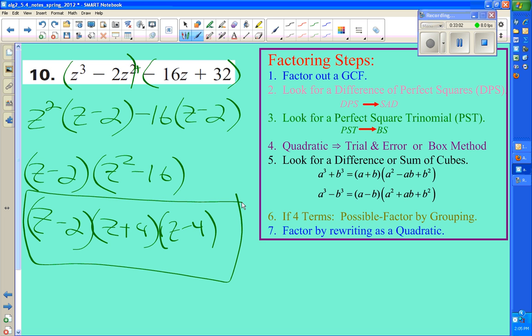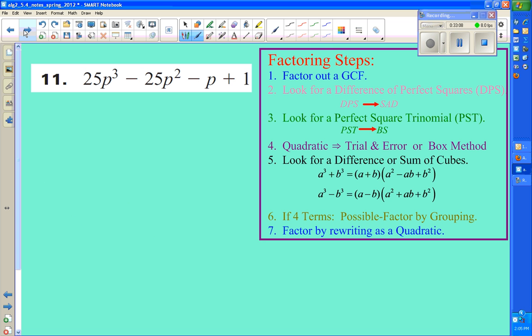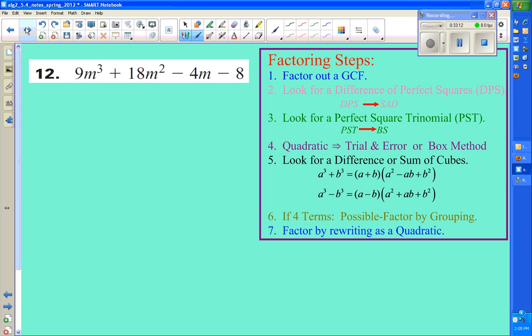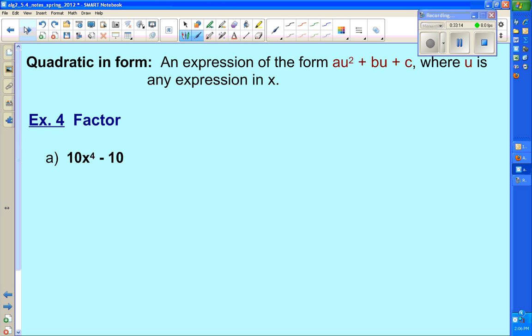What? This problem. Is this a quadratic?